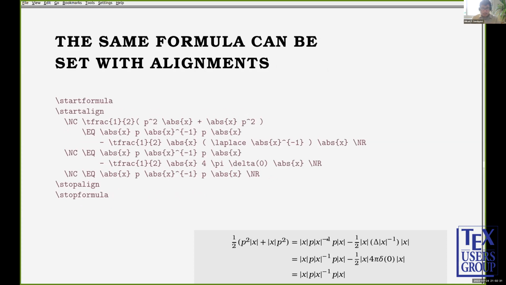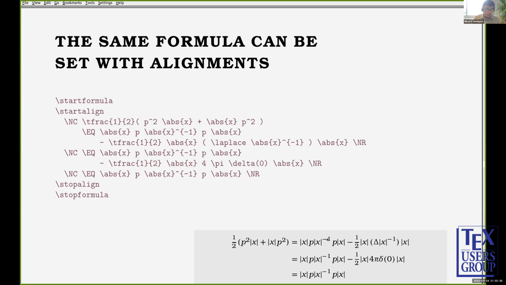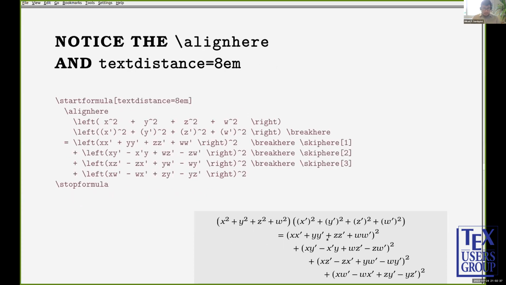Yeah, but it can be done with alignments as well. As you see, the examples are exactly the same if we do it with a line. So we can put a line. Maybe it's not clear exactly what we put the line here. We put it first, and then we have a skip in here, which is text distance, which is 8 EM in this case, and then we skip from there.